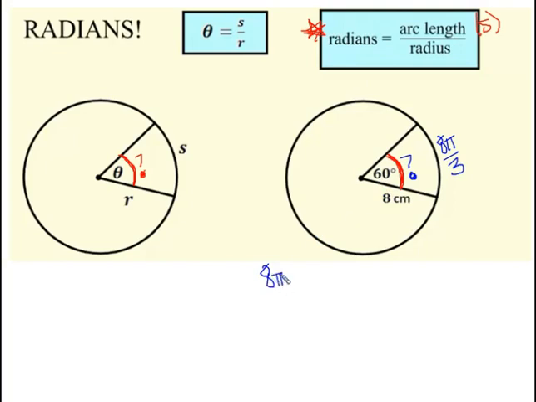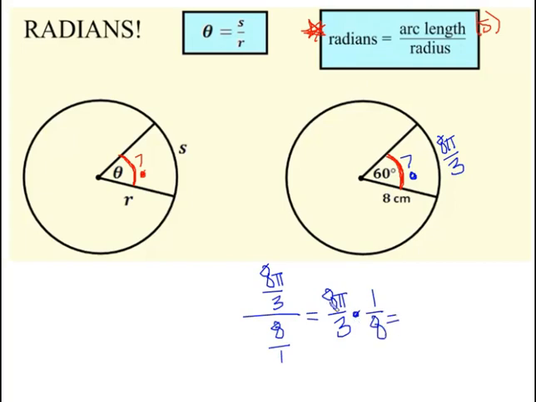So it might look a little weird. We have 8 pi over 3 over 8. But we can simplify this complex fraction. We can think about 8 as 8 over 1, and instead of dividing by a fraction, we can take this numerator and multiply by the reciprocal. So we have 8 pi over 3 times the reciprocal of 8 over 1, which is just 1 over 8.